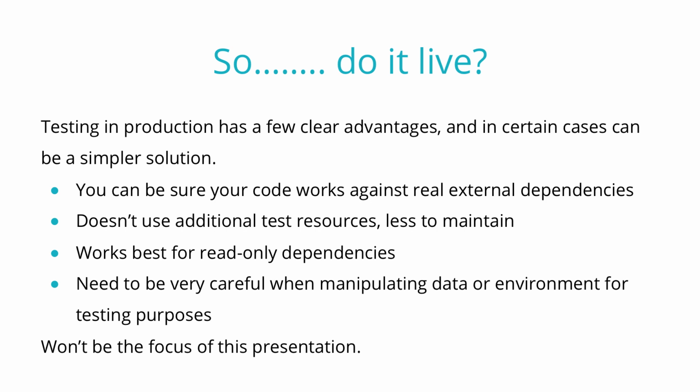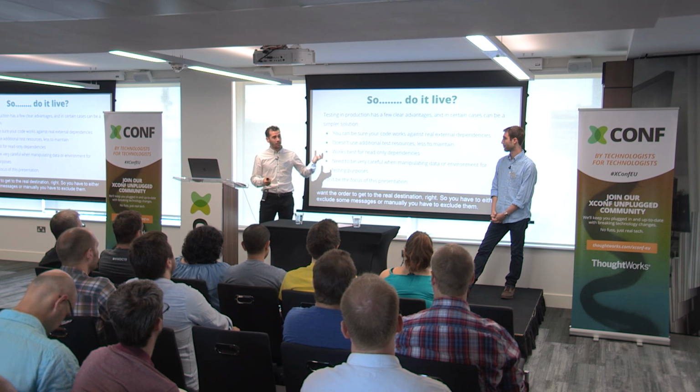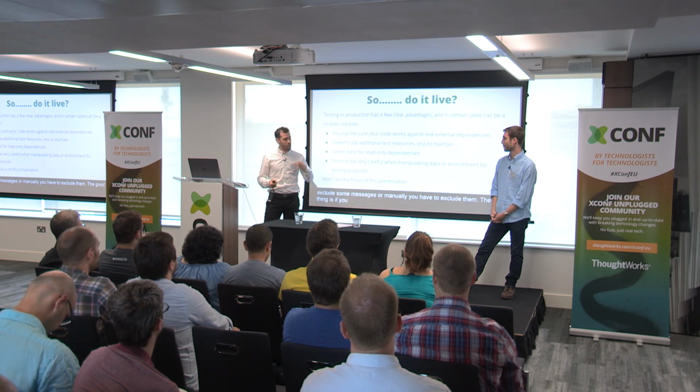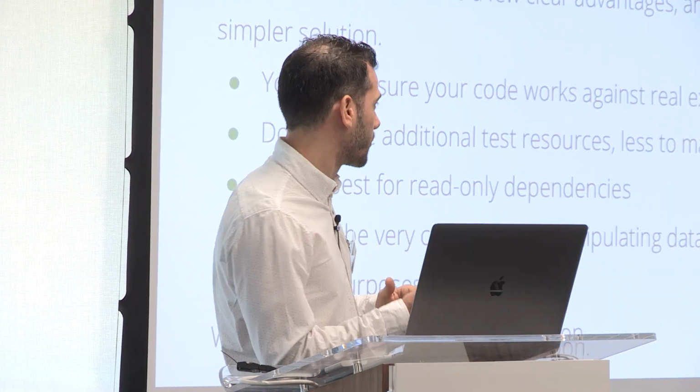For example, if you're sending some data, that data is treated specially, because if you're testing an ordering service, you don't want that order to get to the real destination, right? The good thing is that if you're hitting the production environment of your dependencies, you know for sure that it's going to work in production. You have to keep in mind that it has some drawbacks as well.